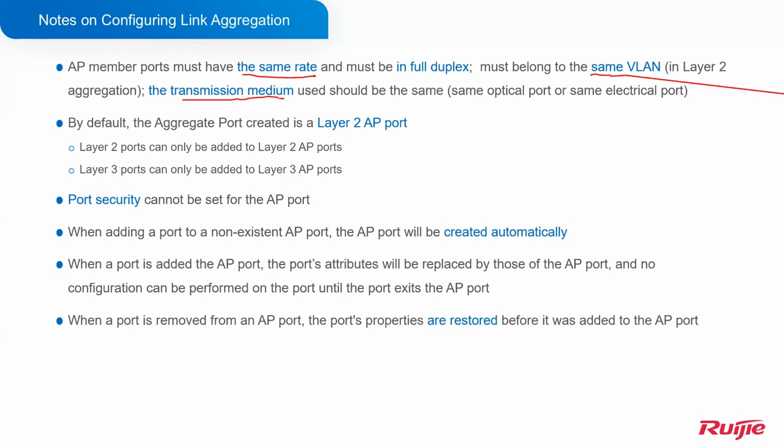And when a port is removed from an AP port, the port's properties are restored to what they were before it was added to the AP port. Okay, so during the configuration of the link aggregation, you should know the notes here.